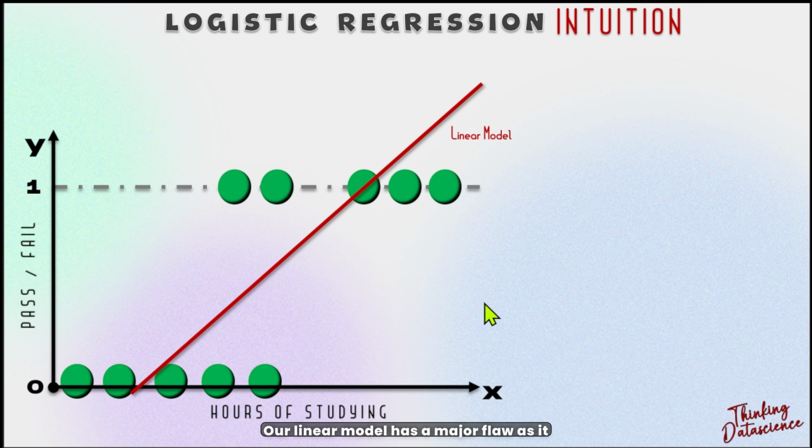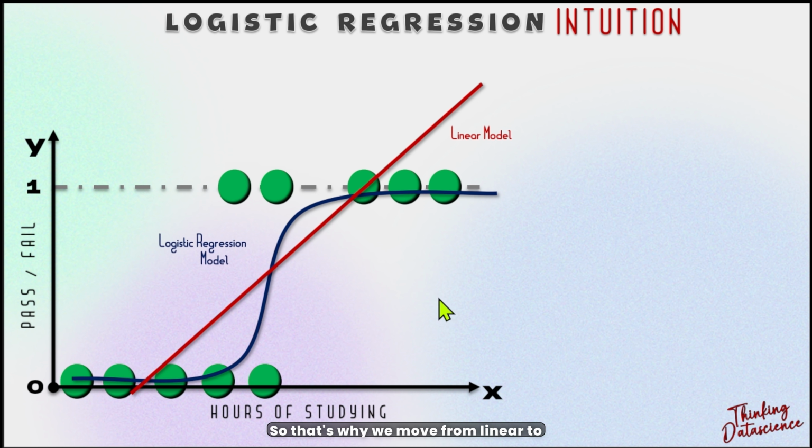Our linear model has a major flaw as it can go unbounded and produce unpredictable results, so it can take on values as high as 2 or 3 or as low as -2, -3. Given these limitations, we can conclude that our linear model is not suitable for classification and should not be considered a viable solution. That's why we move from linear to logistic regression. We wanted to modify our straight line and give it a curve.